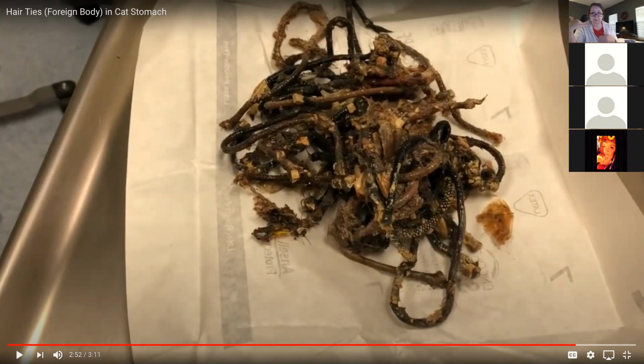He was eating and pooping, so I knew he wasn't obstructed. He did vomit one time after he ate it, but not much came up. And he was pooping normally, because if something is obstructive, if it can't go out one way, it's going to go out the other way.